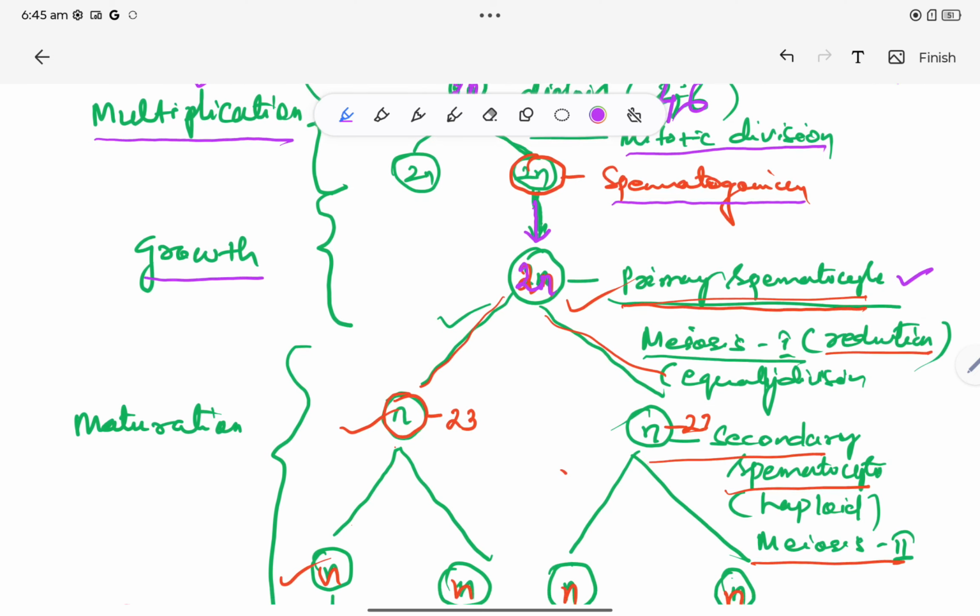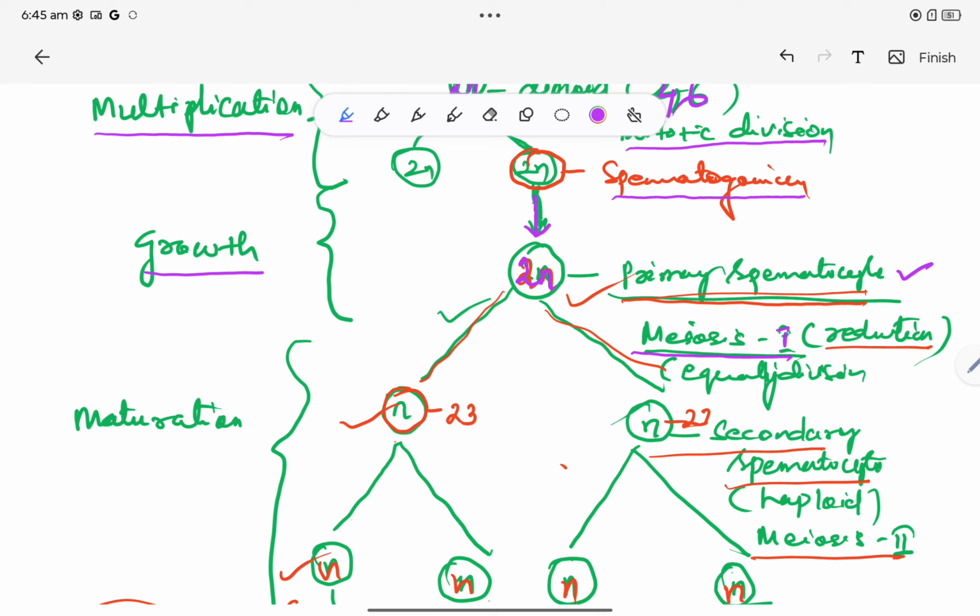Now what happens to this primary spermatocyte? The primary spermatocyte undergoes meiosis. As you know, meiosis has two phases, meiosis 1 and meiosis 2. So meiosis 1 takes place, which is a reduction division. That means the number of chromosomes will be reduced to half.